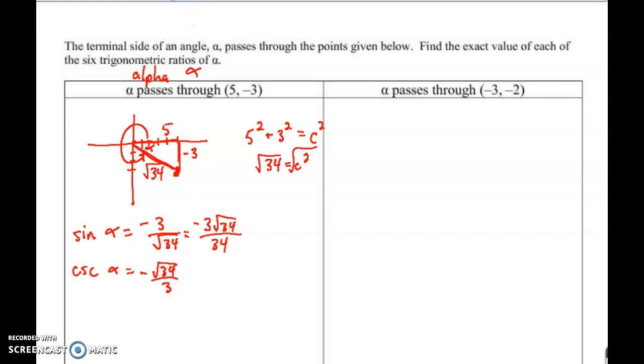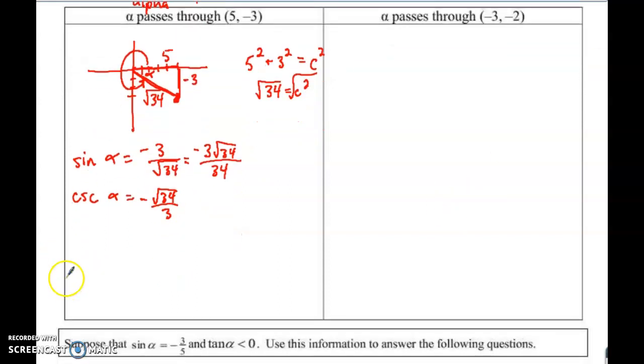Yeah, let's change colors, just to liven this up a little bit. So cosine would be adjacent, 5 over root 34. And then when you rationalize that, 5 root 34 over 34, which will lead me to secant.